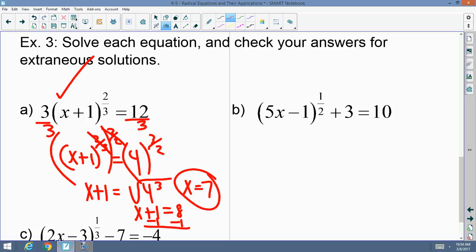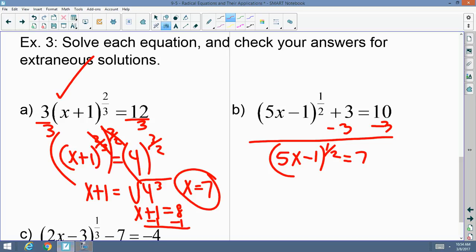So just like B, I'm going to subtract 3 to both sides. I have 5x minus 1 to the 1/2 equals 7. Okay? I get rid of that power of 1/2 by raising both sides to the reciprocal, which is 2/1. 2/1 times 1/2 cancels. I've got 5x minus 1 equals 49.